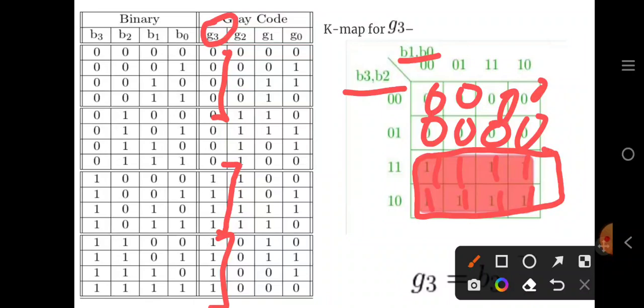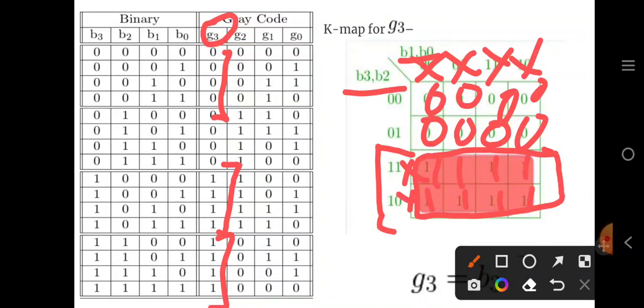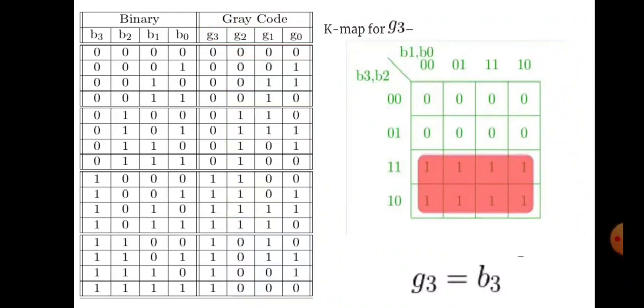So we have made a group of 8 ones, and for the equation, here you can see these 4 are changing, so cancel all these 4 and consider these 2. Here the B2 bit is changing from 1 to 0, so don't consider that. Only B3 is stable at 1. So the equation will be G3 equals B3. This is the K map for G3.